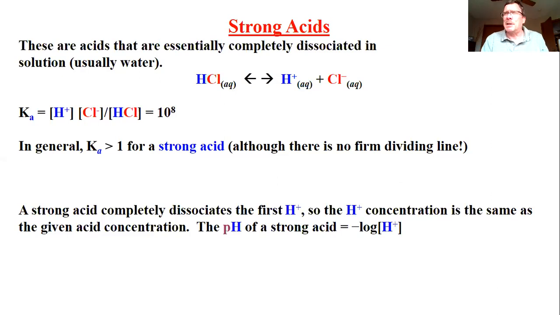For strong acids, a low pH number can tell you it's a strong acid, because essentially the pH and the concentration are tied together. You can't get a weak acid down to low pH. It's impossible. There's just not enough hydrogens in solution to get that pH number low, to get that concentration low. But for strong acids, absolutely.